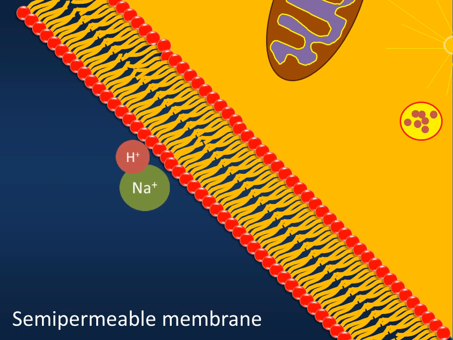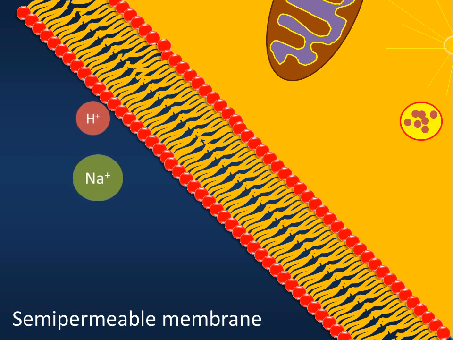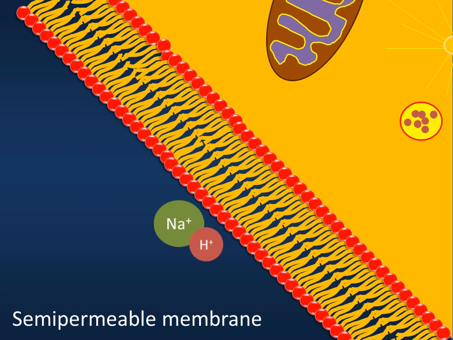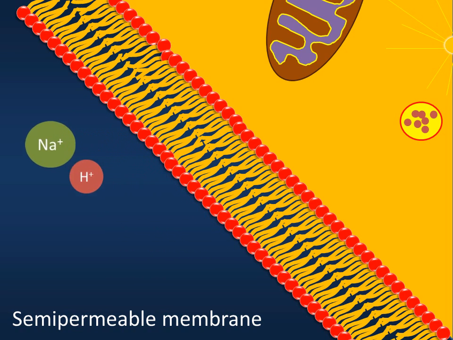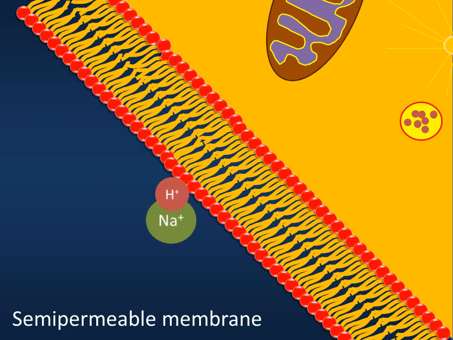Other molecules or individual elements that can't pass through a semi-permeable membrane are those that are charged, like you see here, the sodium and hydrogen cations. Because of their charge, they are unable to pass easily through the phospholipid bilayer, because again, the phospholipid bilayer is non-polar, so anything that's charged won't be able to pass through.